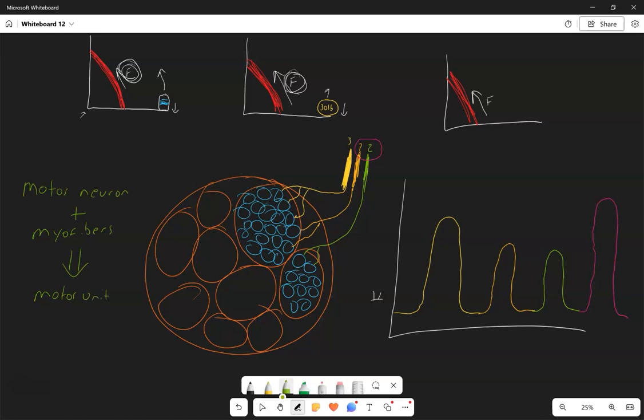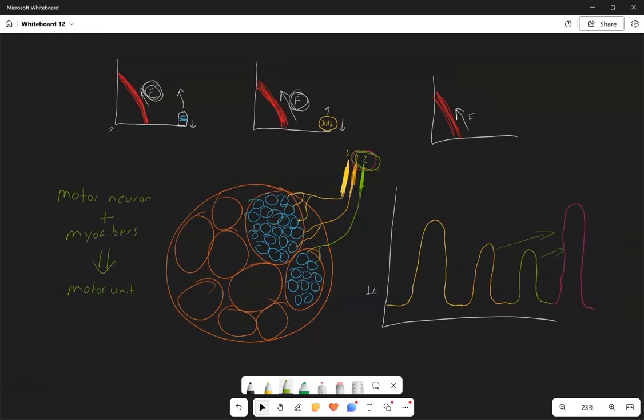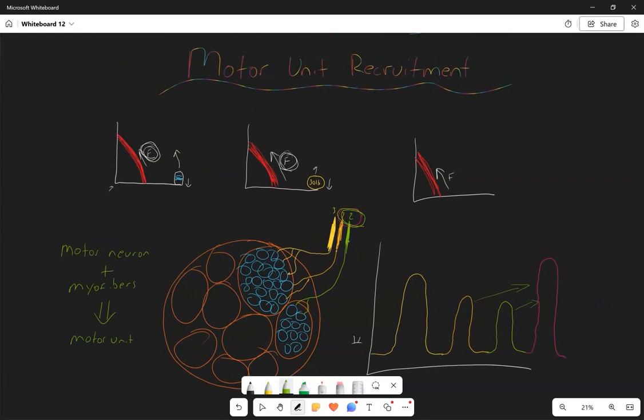Okay, it is a motor unit. So if we want to generate more force, instead of activating one motor unit, we recruit another motor unit to fire at the same time. So that is what we refer to as motor unit recruitment, and that's how we can generate more force.